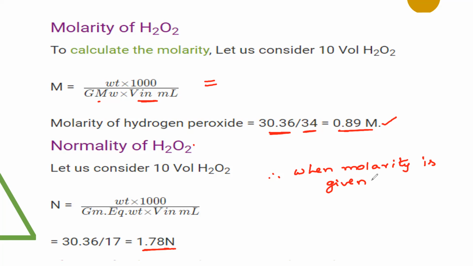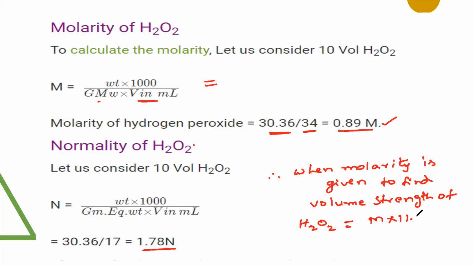Therefore, when molarity is given, to find the volume strength of hydrogen peroxide, it is equal to molarity into 11.2.